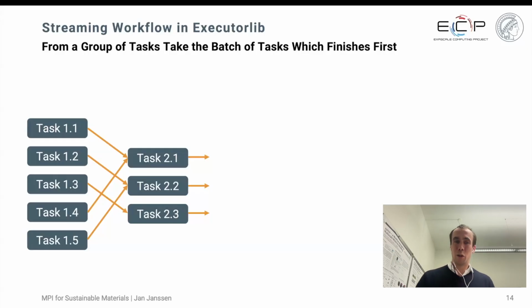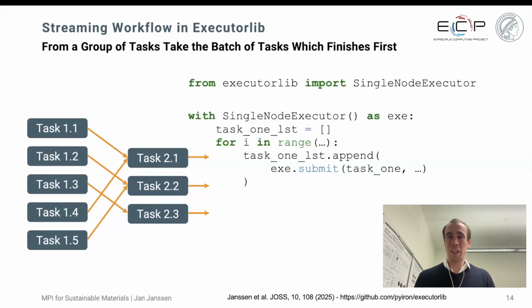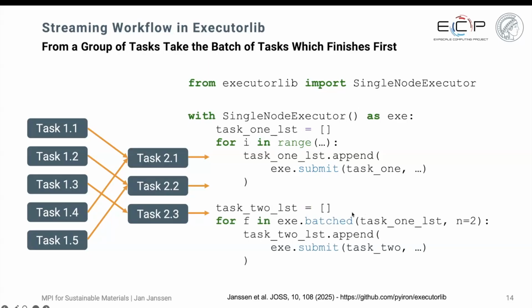Right? So how do I transfer these dependencies to Python code so that the workflow manager can understand this? And that's what we worked on with Executorlib. So for this first set of tasks, we just create a list of future objects. And then we implemented a batched function, which is exactly the same as the batched function you know from itertools in the Python standard library, which is just grouping them together.